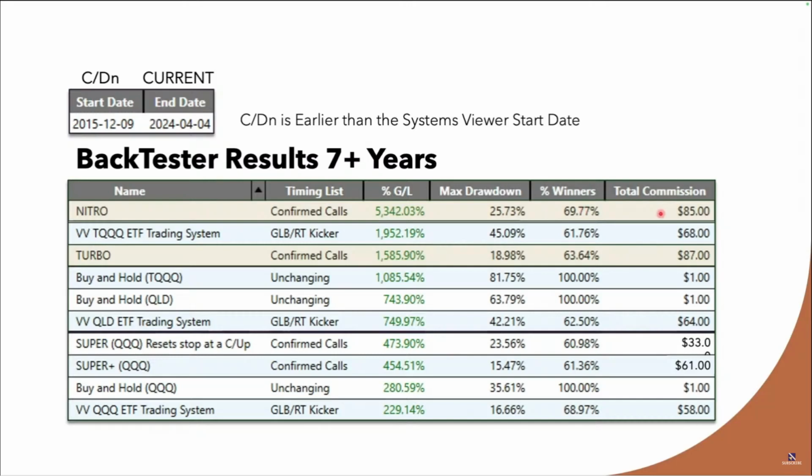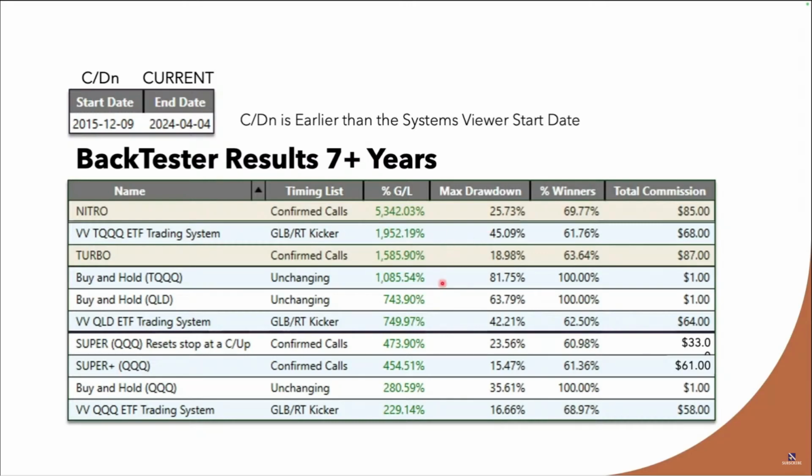And there are 85 trades, so about 40 buys, so do the math. We're only doing a trade or two a month, or every couple of months. Then they use the TQQQ in the ETF trading system with the green light buyer RT combo and got about 2,000% return, but a drawdown of 45%.